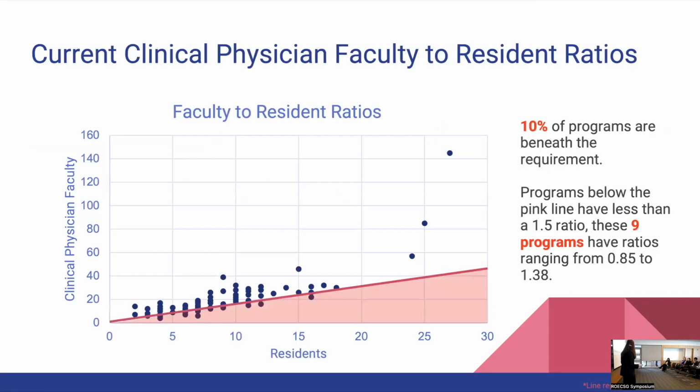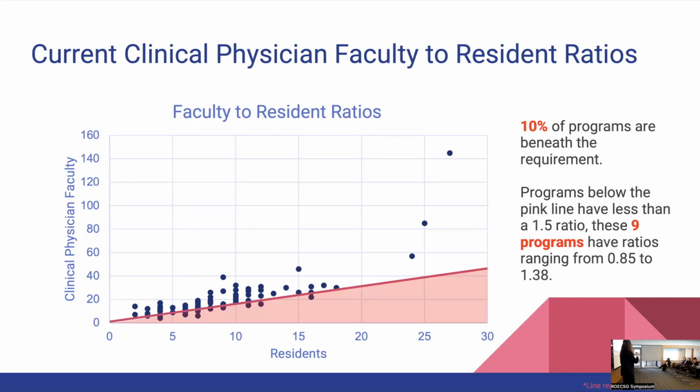Now, for the results for the first ratio, in this chart, each dot represents 1 program. The dot on the y-axis indicates how many clinical physician faculty that specific program has, and the x-axis indicates how many residents they have. So the slope of the red line is 1.5.